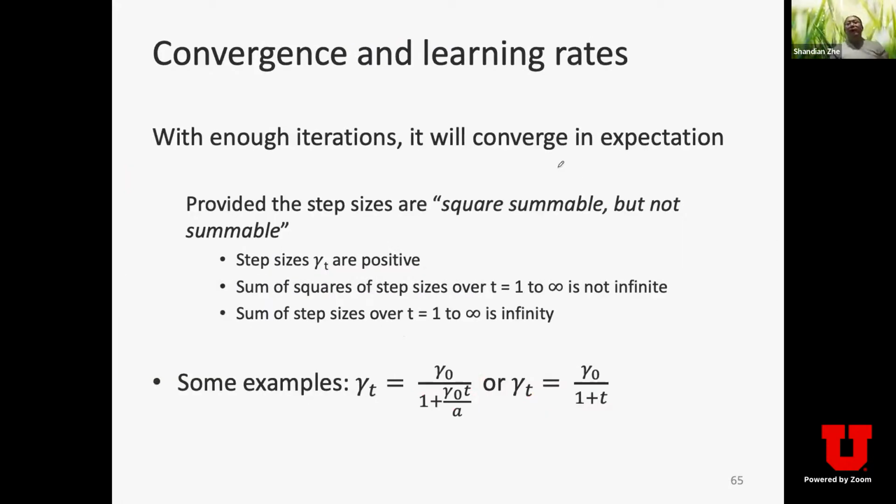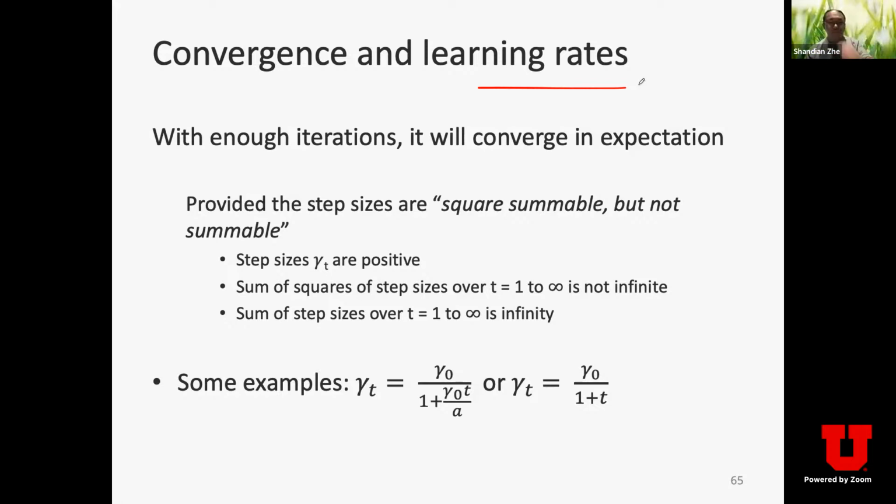Okay, now let us look at the schedule of the learning rate. I actually mentioned this quite a few times: to ensure your stochastic gradient descent or stochastic subgradient descent converges, you have to have some proper schedule of the learning rate. So what kind of proper schedule?